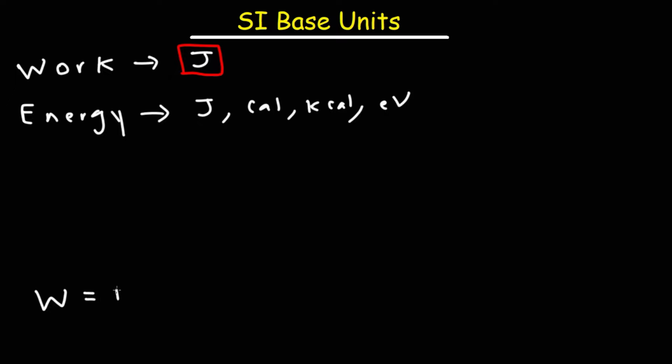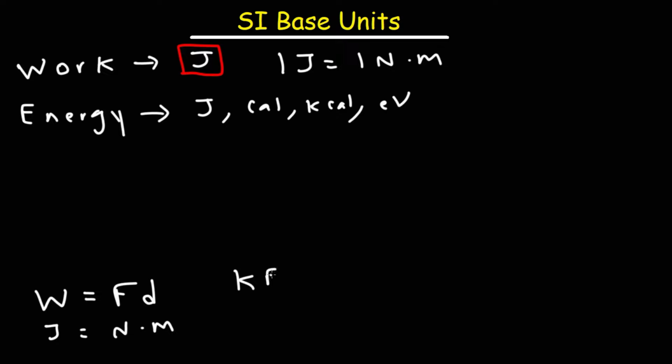Now, work is equal to force times displacement. Force is measured in newtons, displacement is measured in meters. So what this means is that 1 joule is equal to 1 newton times 1 meter. Now, there are other ways to describe energy as well. For instance, if you think about this formula, kinetic energy, it's 1/2 mv squared.